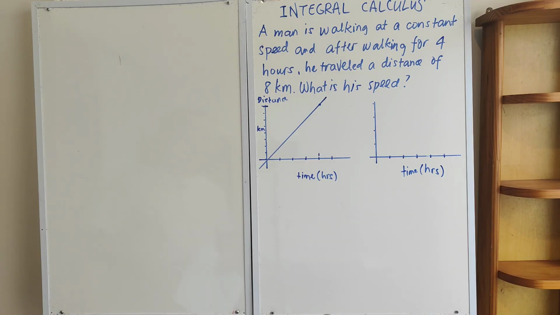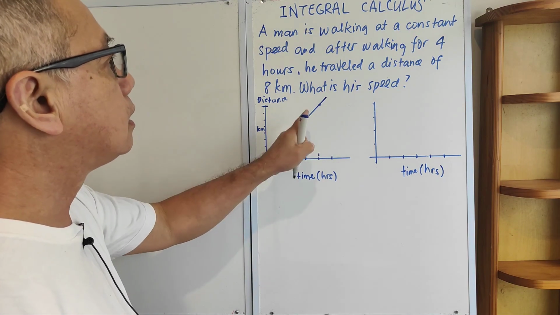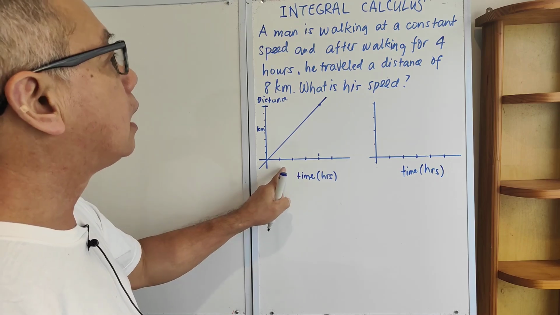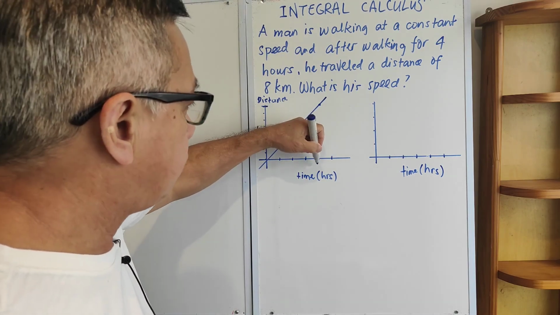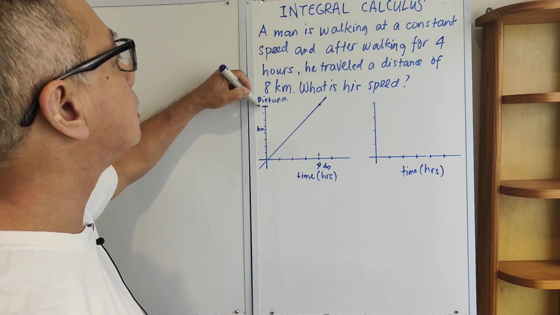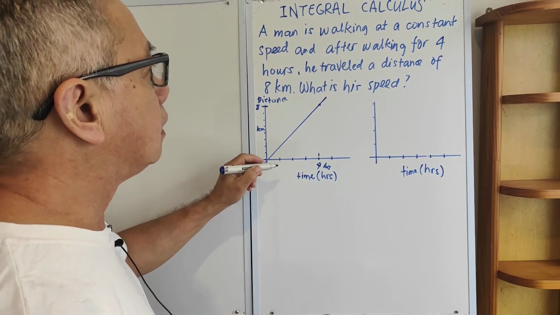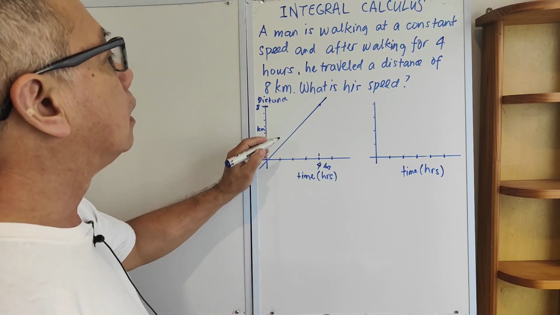What is his speed? So the time that he walked was 4 hours, and the distance is 8 kilometers. So he started walking at constant speed.